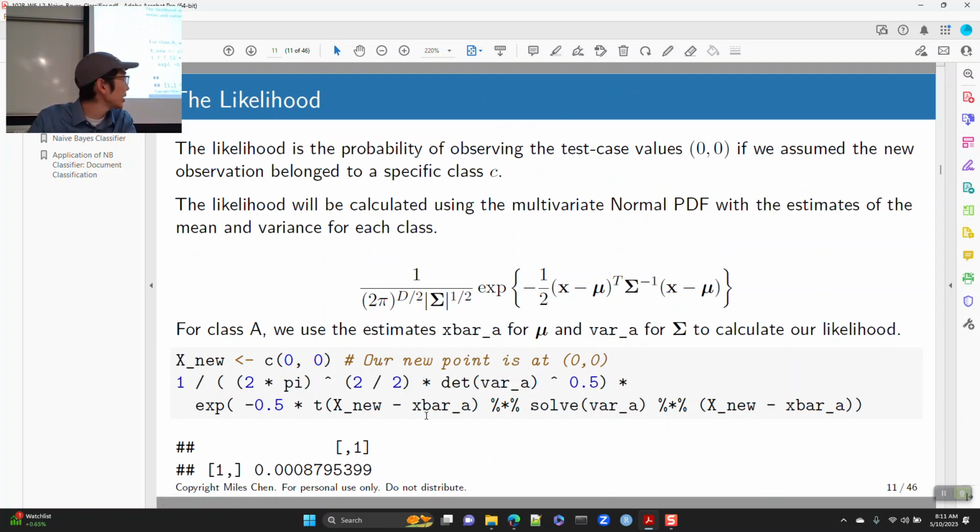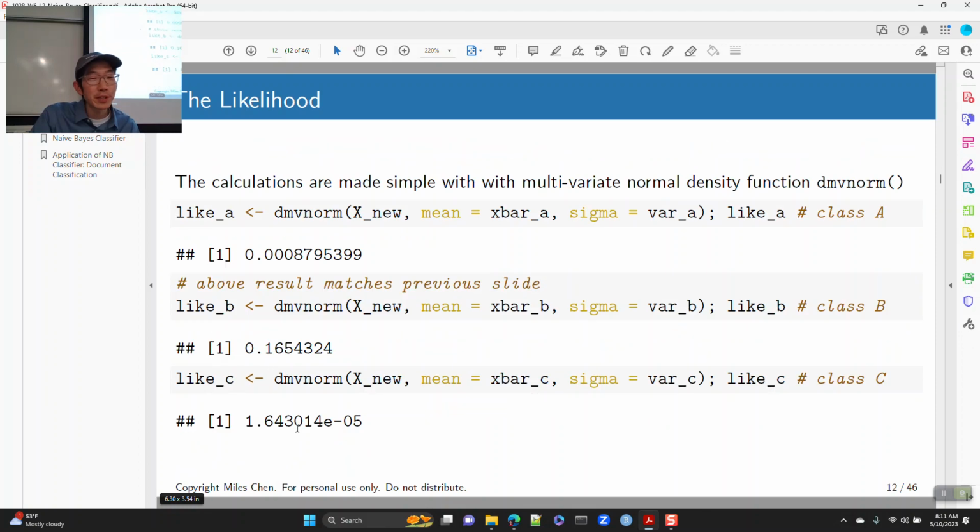Now this is kind of a pain to have to do. This is exactly the PDF of the multivariate normal, and all I did was go from this PDF to this. Thankfully, there is a function in R for calculating the density of the multivariate normal, dmvnorm, and we say, what is the density of getting our new point (0, 0) if we have mean x bar underscore a and sigma matrix variance underscore a?